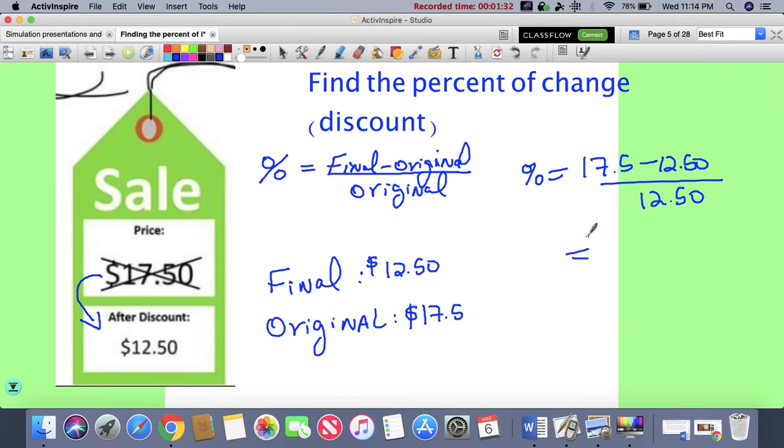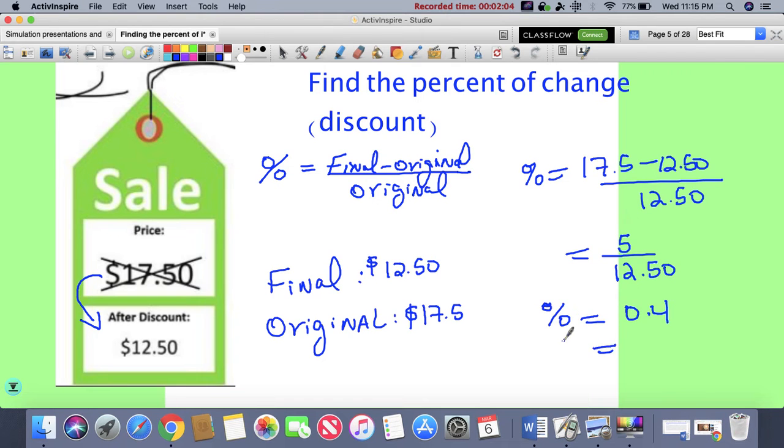So take out your calculator. And if you subtract 17.5 minus 12.5, you're going to get 5. And then you're going to divide by 12.5. So in your calculator, you're going to get 5 divided by 12.5, and you're going to get 0.4. So the percent, but this is a decimal, right?